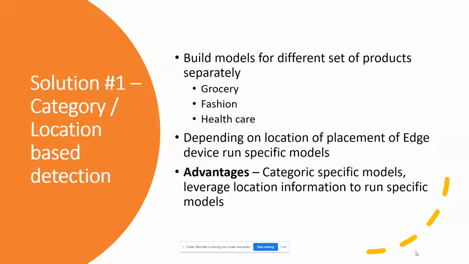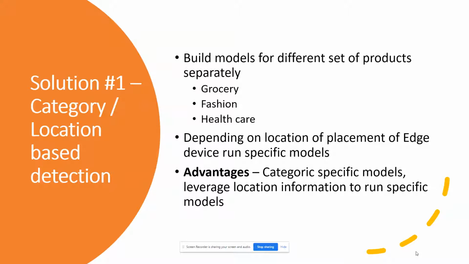So, how the items are laid out: you have a planogram, which is something the merchandiser works out, where to keep what items. So effectively when you place a camera, we know what aisle it's going to look at and what products are going to be placed there. We could build models according to the location where you are going to place it.